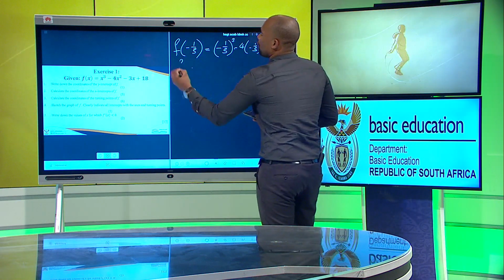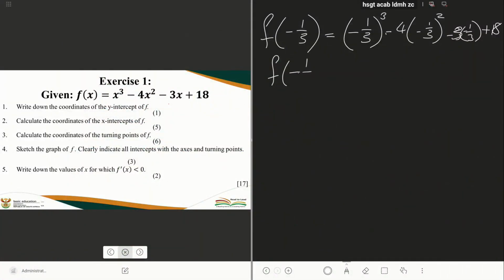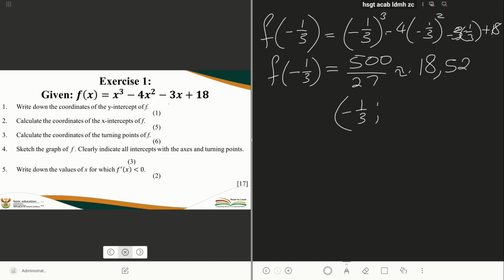I get the y value, if x is negative 1/3, as 500/27, which in decimal is approximately 18.52. All right, so for the next turning point, when x is negative 1/3, my y value is 18.52. That's how we get the turning point.